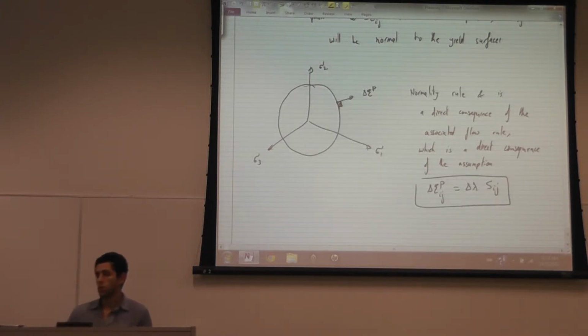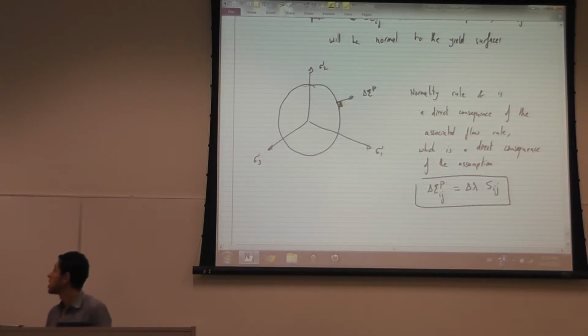First, we assume epsilon plastic, the components are directly proportional to Sij, and we realize that this means that the epsilon plastic ij is obtained from a plastic potential function associated with the yield function. And from this, we also realize that that means that the plastic strain components are perpendicular to the yield function.